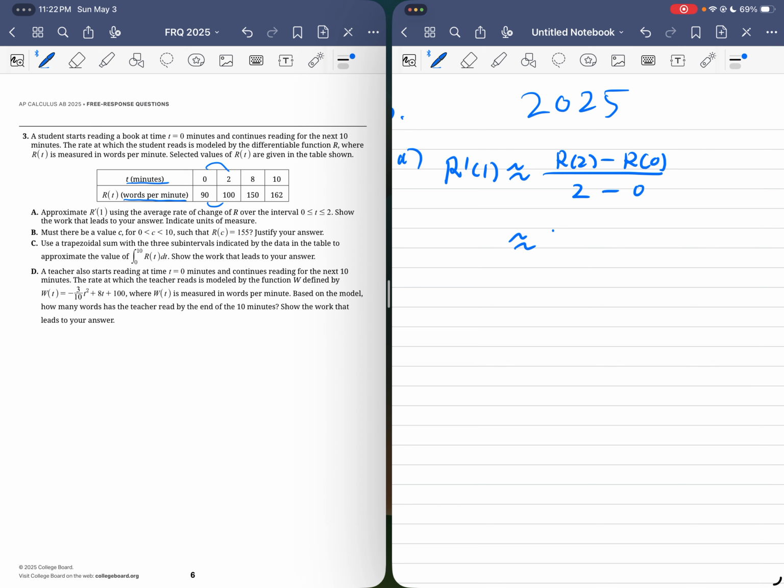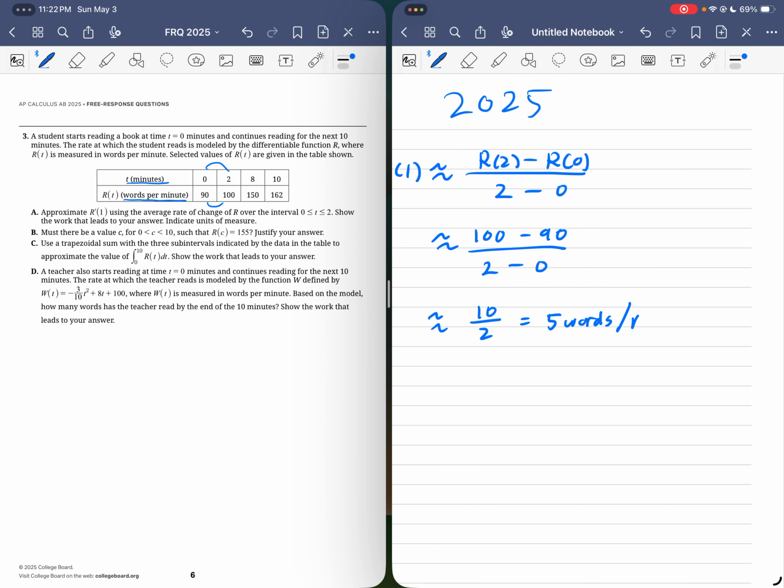R of 2 is 100 minus 90 over 2 minus 0, which is 10 over 2, so it's going to be 5 words per minute, or you can write per minute squared, whichever makes you happy.